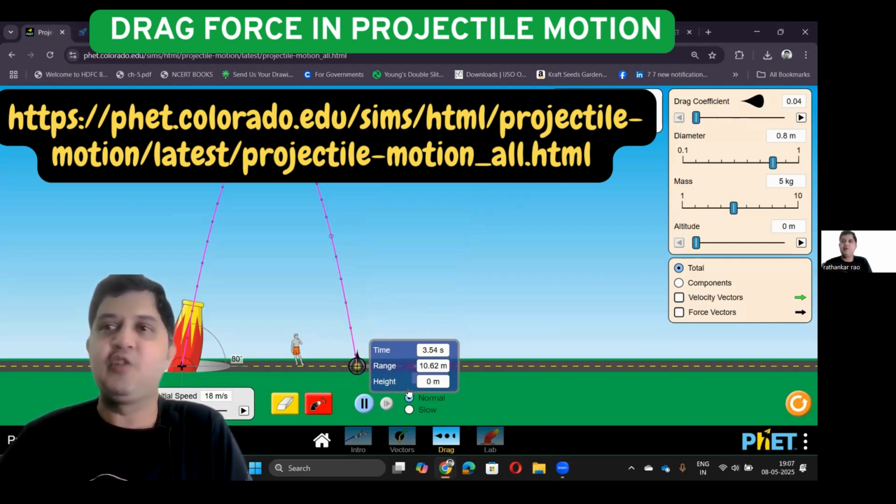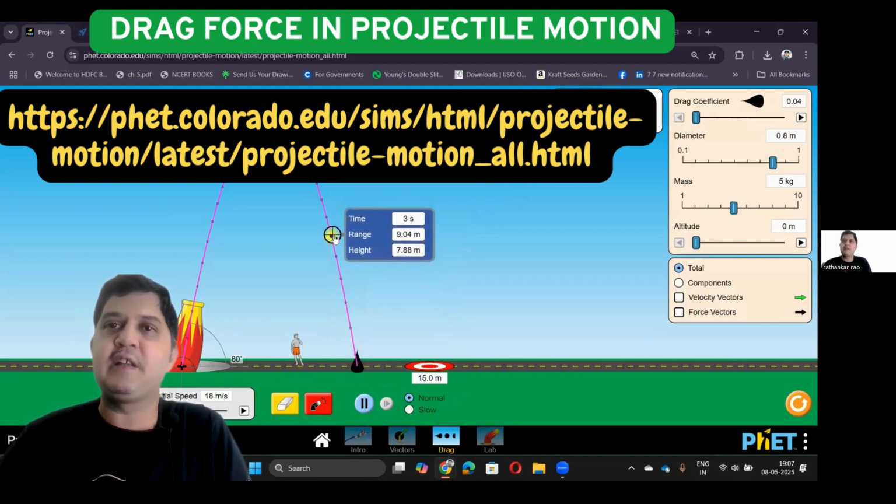If I keep the crosswire somewhere else, at this point the range is 9.04 meters, from this crosswire until here. The time taken by the projectile to travel from here to here is 3 seconds, and the height is 7.88 meters.